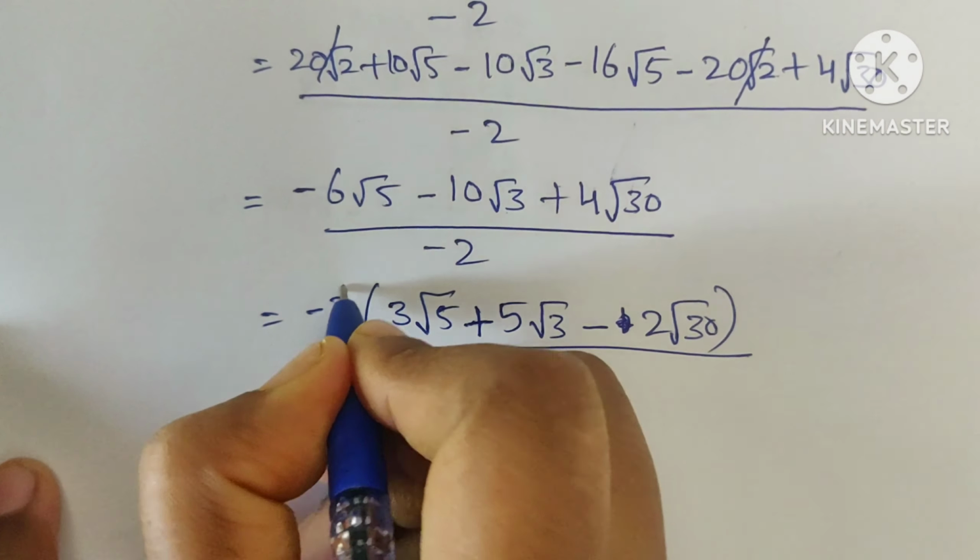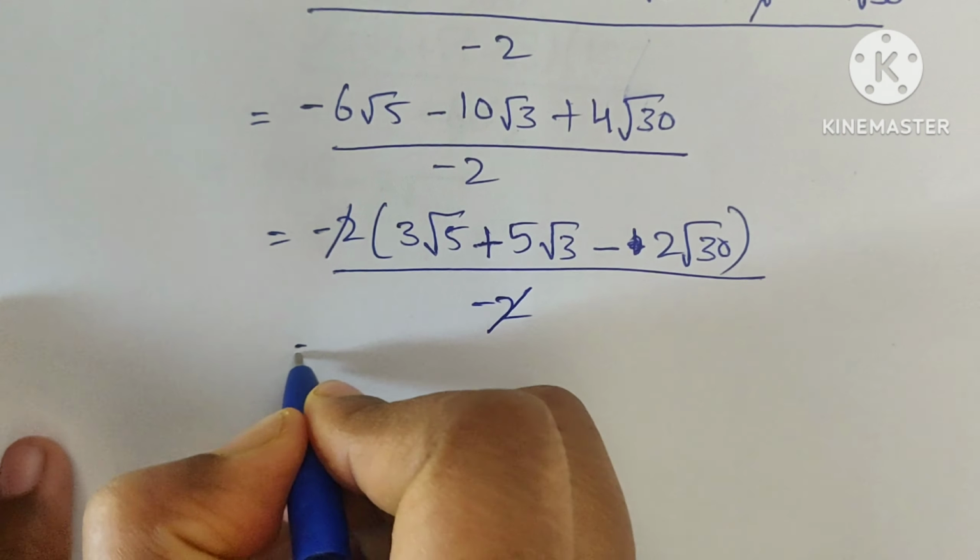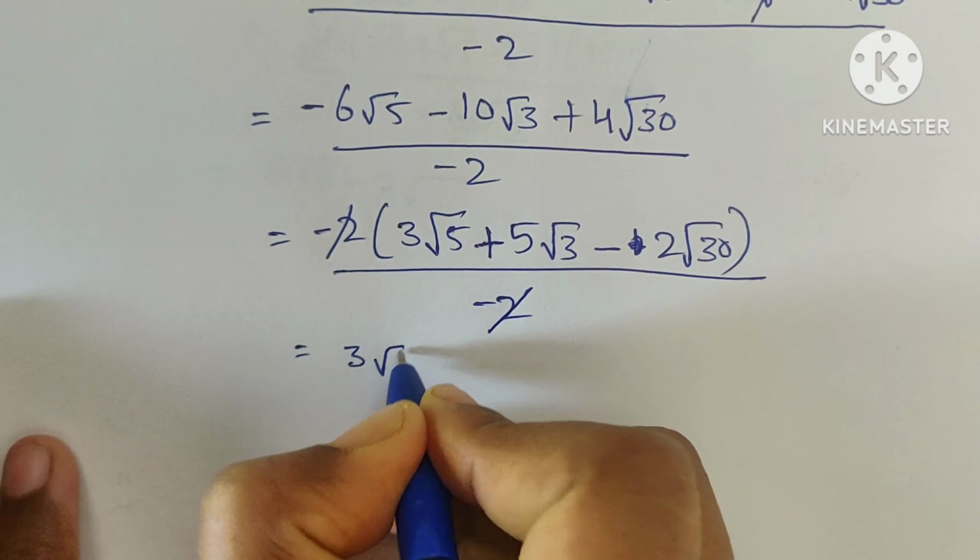So here minus 2 gets cancelled, so 3 square root of 5 plus 5 square root of 3 minus 2 square root of 30. So this is the final answer.